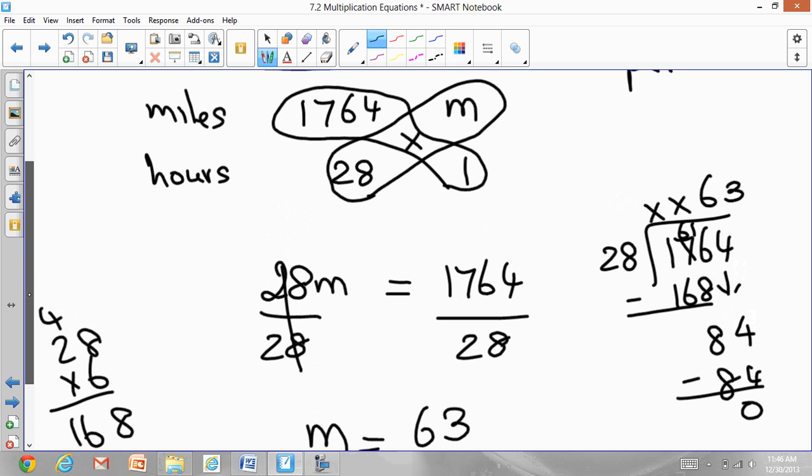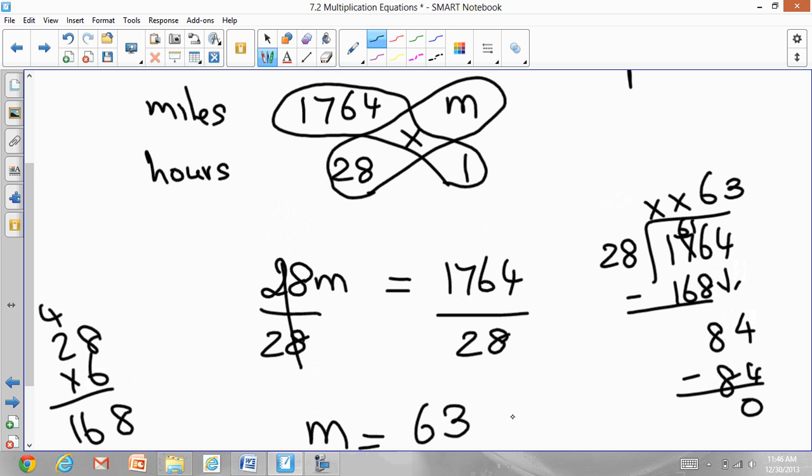Now, once again, 63 doesn't mean anything to us unless you attach a word to it. So M in this case stands for the word miles. So go back to the answer and attach the word miles. 63 miles will be the answer. So in 1 hour, you can travel 63 miles, or 63 miles per hour will be the answer.